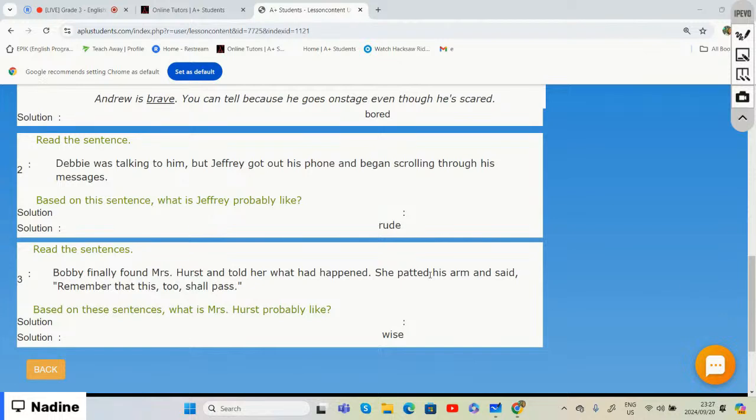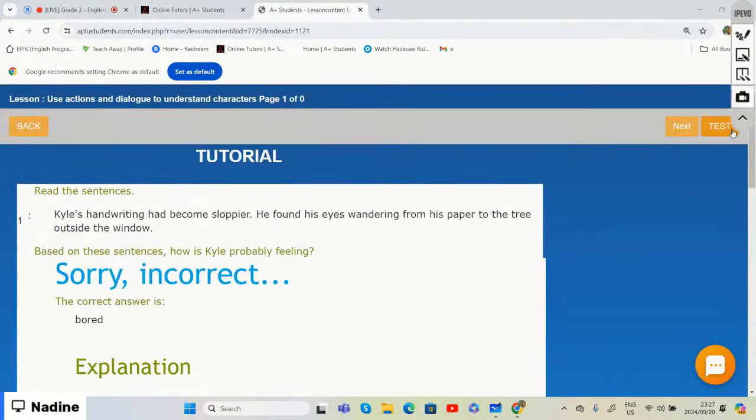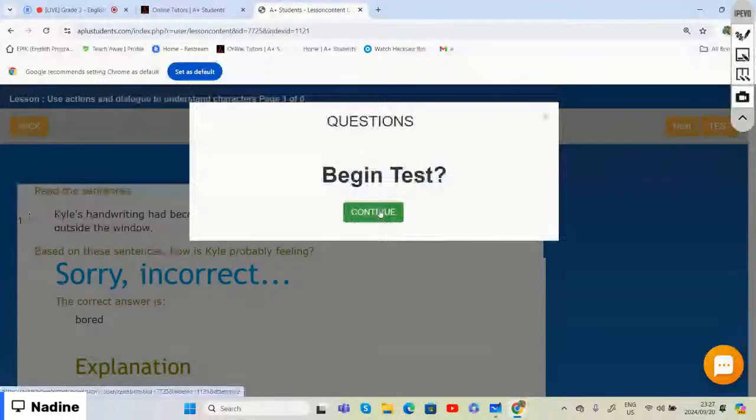All right. So basically, we can say that Mrs. Hurst is wise. She's caring. She's nurturing, right? Because she listened to him and said, "Remember that this too shall pass." So well done.